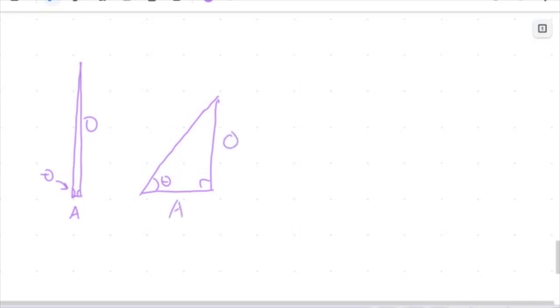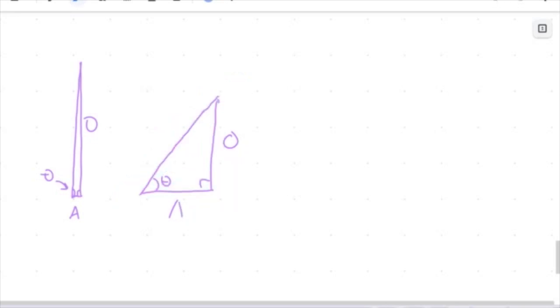Now they're closer in length. As the angle gets smaller, the opposite gets smaller and the adjacent gets larger. These side lengths are compensating in order to preserve this actually being a triangle.